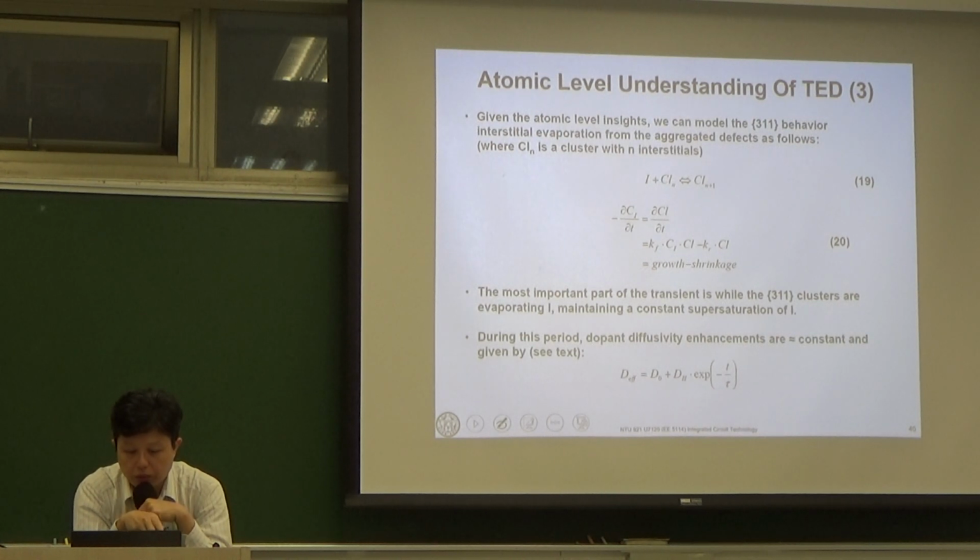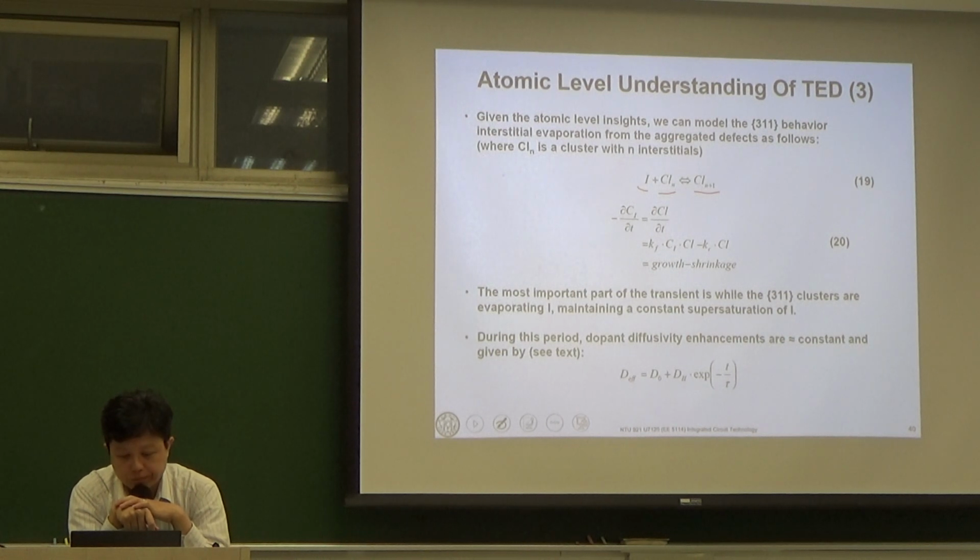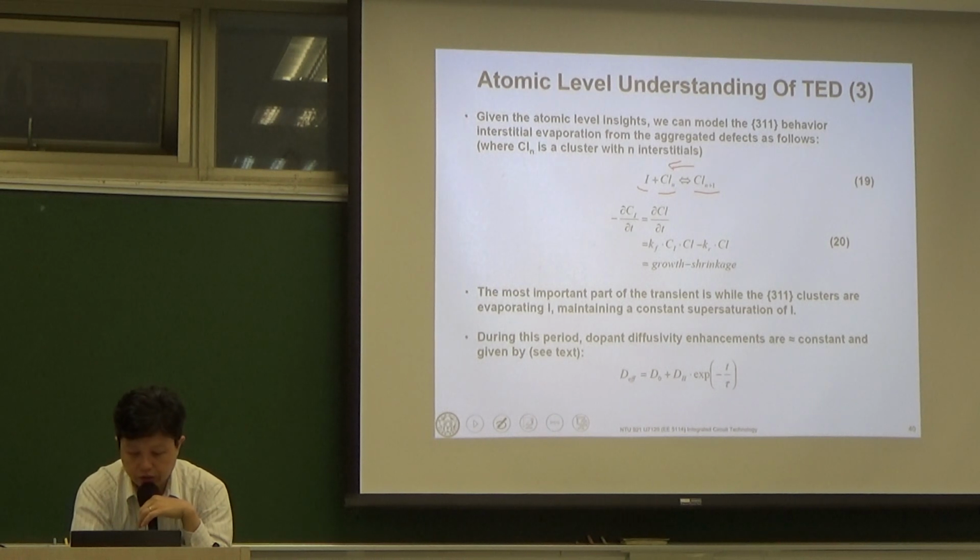We can consider that if we have one I and a cluster with N interstitials, this I can join this N cluster and form this N+1 cluster here. And you can do the opposite way, by ejecting one I here.